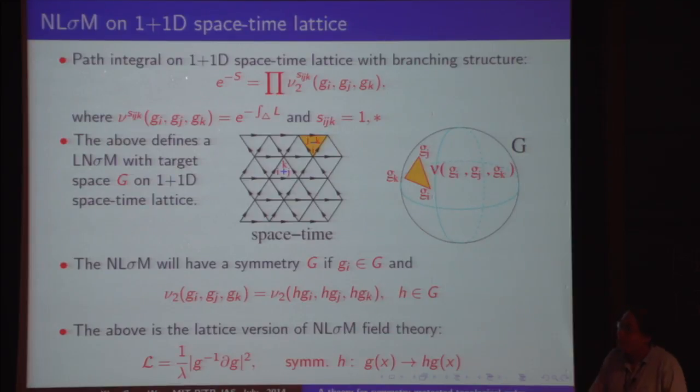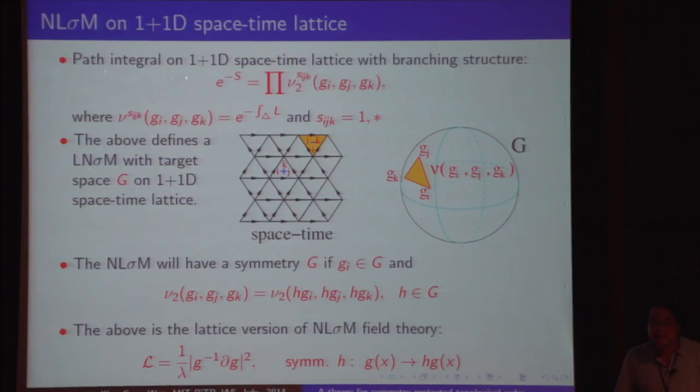Then the path integral is an integration of L over all space. That means we multiply this nu together over all the triangles in space-time. That gives us the action amplitude. Then we sum over G, we do the path integral. That defines the nonlinear sigma model.